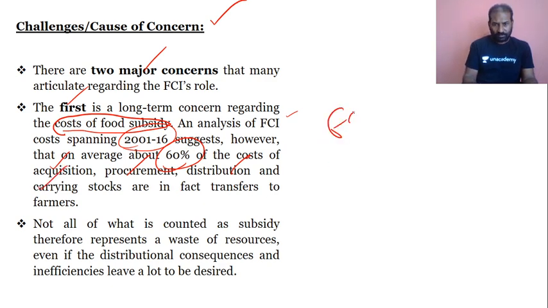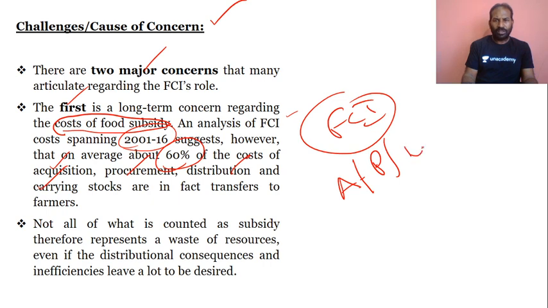That means FCI goes ahead with, we were talking about procurement, not only procurement but in regards to the acquisition, procurement and also in regards to distribution, and then carrying the stocks, that is the transport, to various places. So all this you have a cost on.